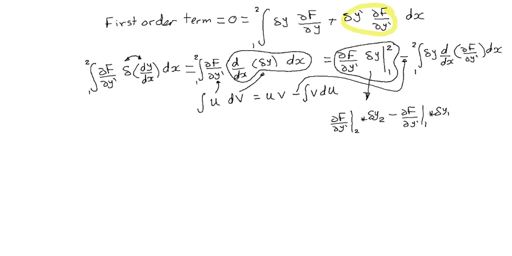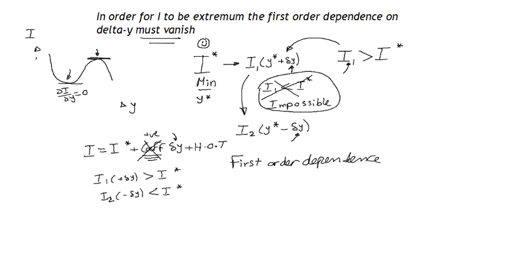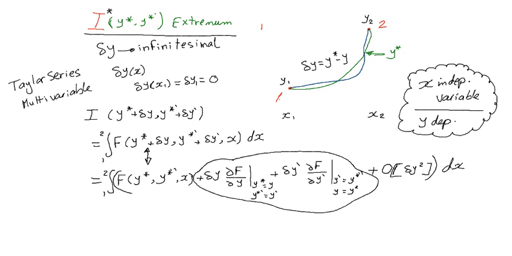And let me remind you that among the conditions we have imposed on the variation is that delta y1 and delta y2 must be equal to 0. We do not know the value of the variation at the middle, but we are sure that there is no variation at the 2 points at the end and the beginning.